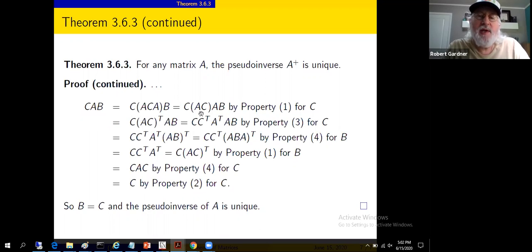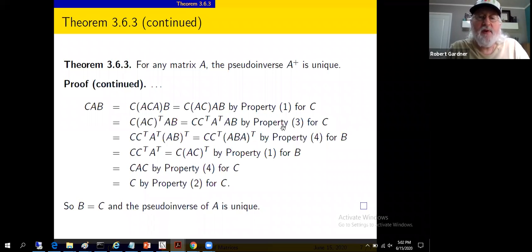Let's associate the A and the C. Okay, I don't know what's going to happen next by now. It's the same thing we did before, now with a C instead of the B's. So, hey, AC, A times a pseudo inverse, that's a symmetric matrix. It equals its transpose. So we can put a transpose on the AC, take that transpose over the product, write it backwards with transposes, so we get a C transpose A. We used the symmetry property in getting from here to here.